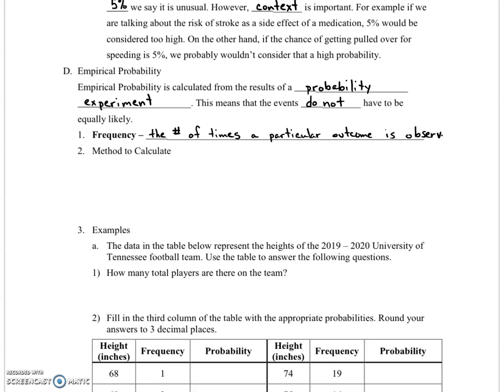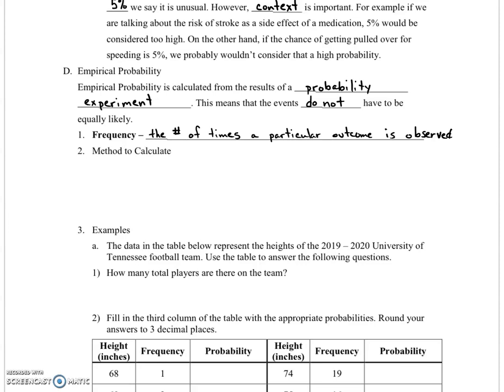This is like when you played rock, paper, scissors, and in the video, if you watch it, in my game, player A won 7 out of 20 times. So the frequency of player A winning is 7, because that's how many times we observed player A winning.